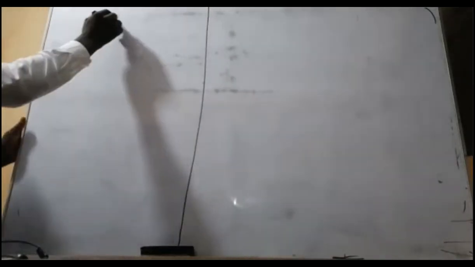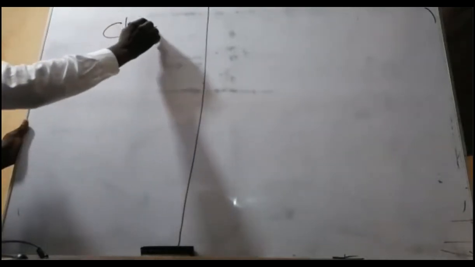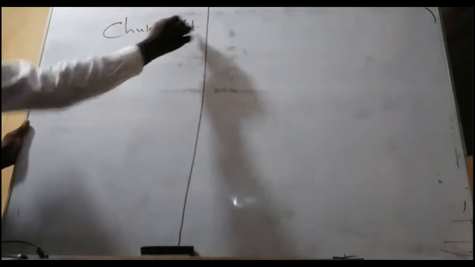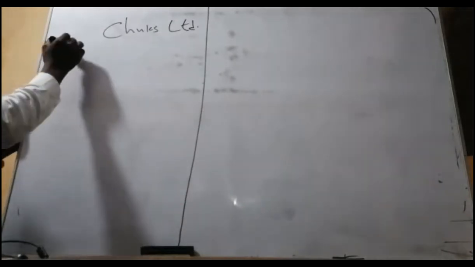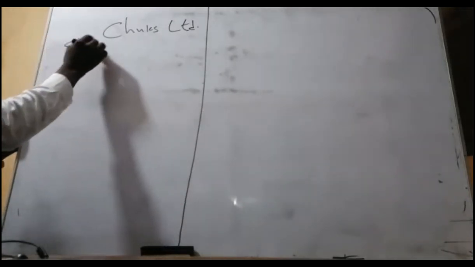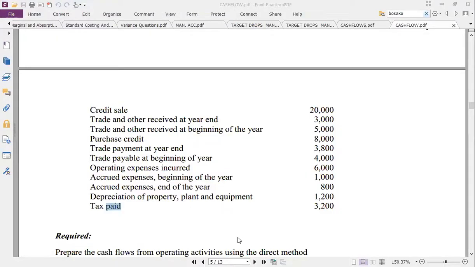So I see the Chucks Limited statement. Let's say cash flow for operating activities, right? Let's go and look at the requirements. Prepare cash flow from where? Operating activity. So the heading will be cash flow from operating activities.